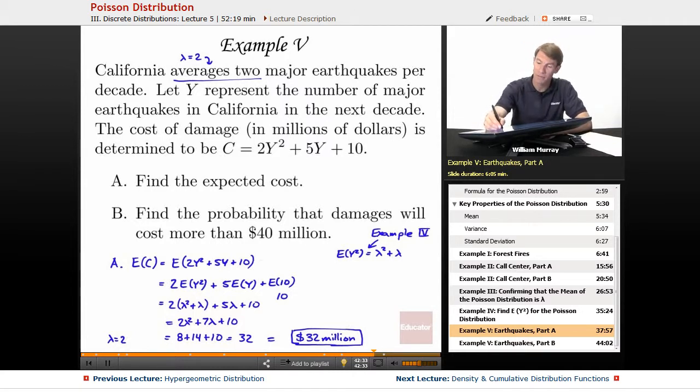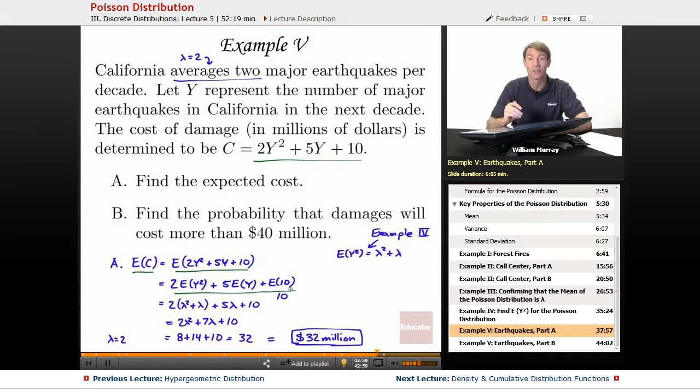So I'm going to do part B of this problem on the next slide here, but let's just quickly check here that the expected cost was the expected value of, well, we were given the cost function, 2y squared plus 5y plus 10. And so we expanded that out using linearity of expectation.